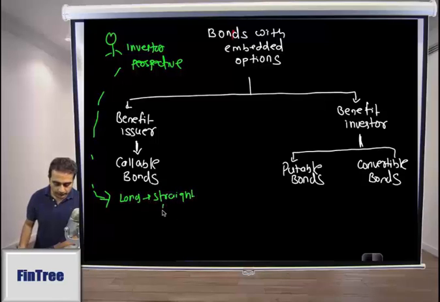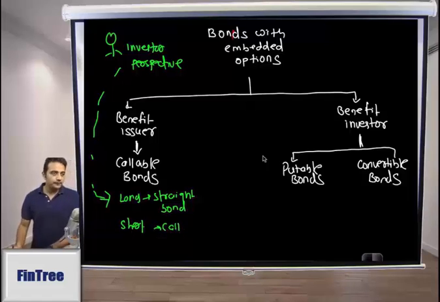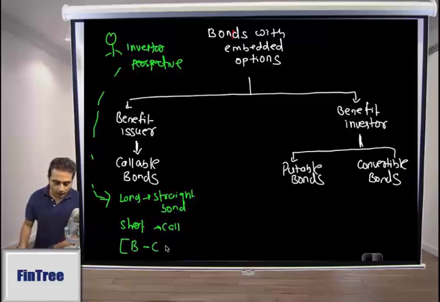Straight means option-free bond, without any option embedded, and you have a short position on a call option, and therefore we simply call them bond minus call. So from an investor, the portfolio includes the long position on bond and the short position on call option.